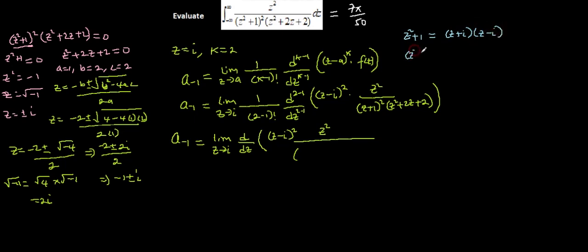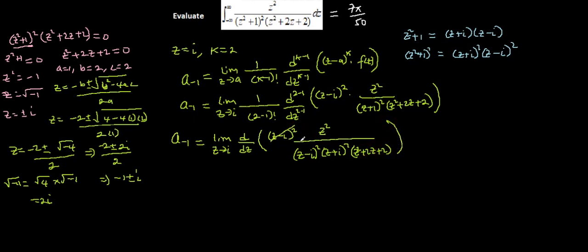That means (z squared plus 1) squared will be equal to (z plus i) squared into (z minus i) squared. So we are now going to write this as (z minus i) squared into (z plus i) squared into (z squared plus 2z plus 2).